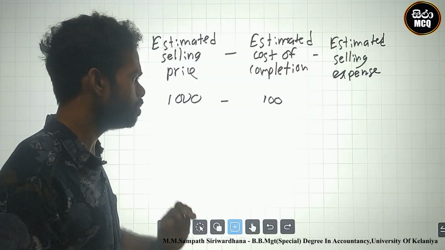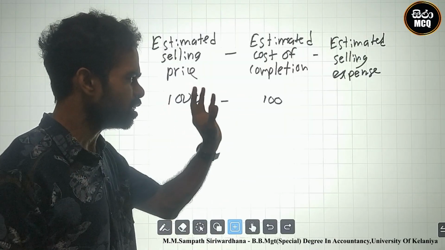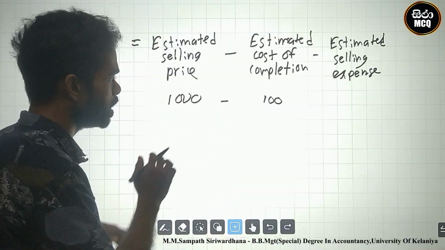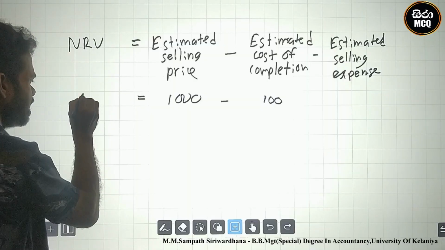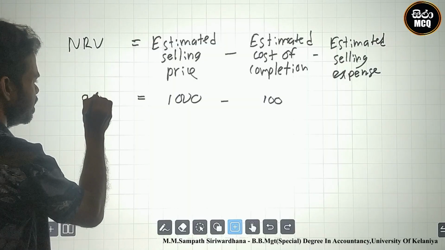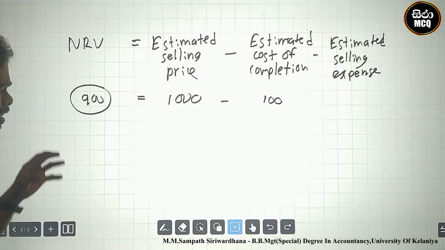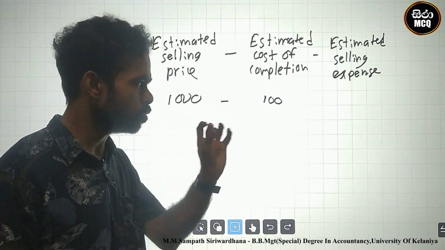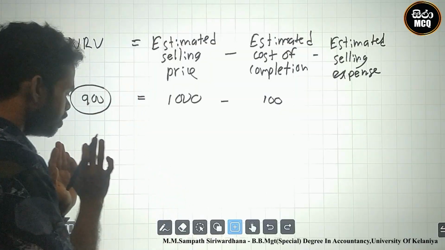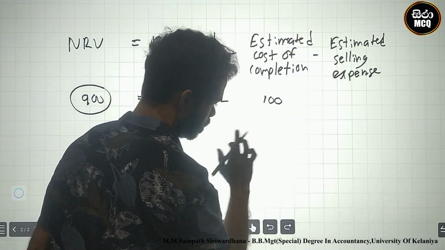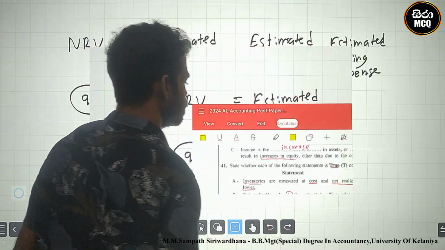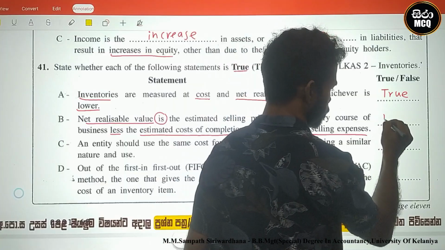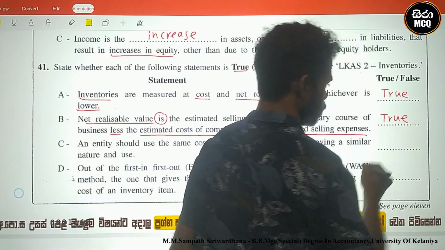The 1000 is the selling price, but we also incurred 100 packaging cost. After that the net selling price is 900. This is the net cash collection from these goods or services. Therefore NRV is calculated using this equation. This is the definition. This statement is true.